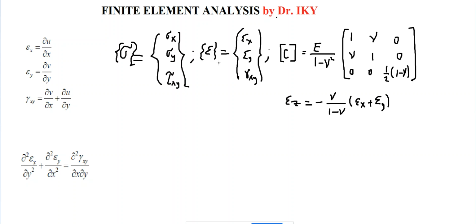It means all out-of-plane stresses are assumed zero. Very important. All out-of-plane stresses are assumed zero. In-plane stresses are here. We have no sigma z because it is an out-of-plane stress.